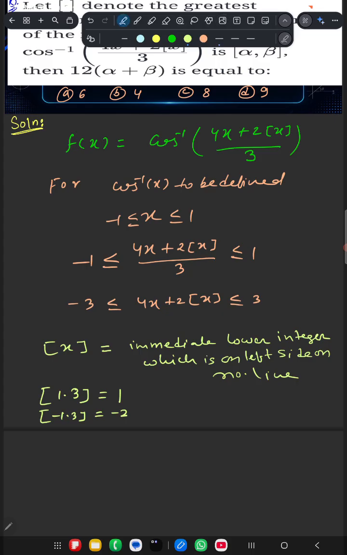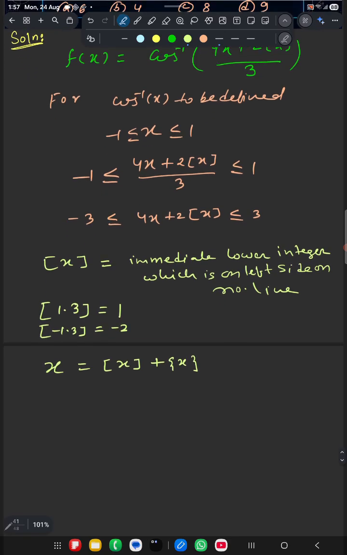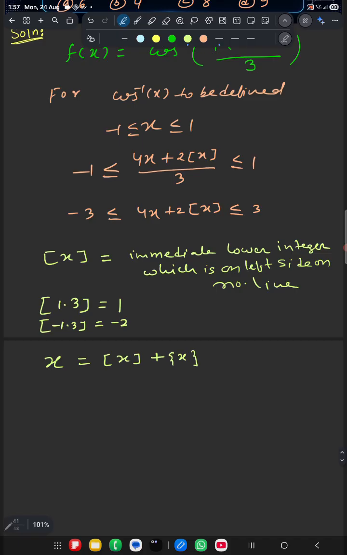One more thing you have to understand over here is that the number x can be written as the combination of the greatest integer function plus the fractional part. And here one condition is there, that the fractional part always lies between 0 and 1. 1 is not included, otherwise it becomes a whole number. It is positive, it can be greater than 0 or equal to 0.